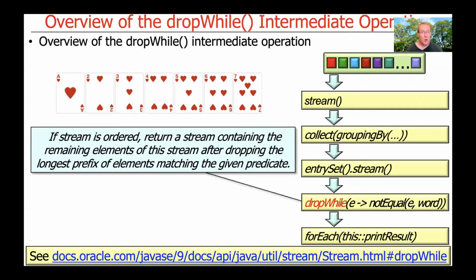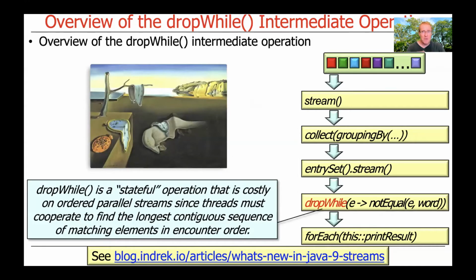If the stream is ordered, if the encounter order matters, then you return a stream that contains the remaining elements in the stream after dropping the longest prefix of elements that match the given predicate. Now, you might ask, how does that differ between ordered and unordered? For a sequential stream, there really is no difference. However, for a parallel stream, it makes a big difference.